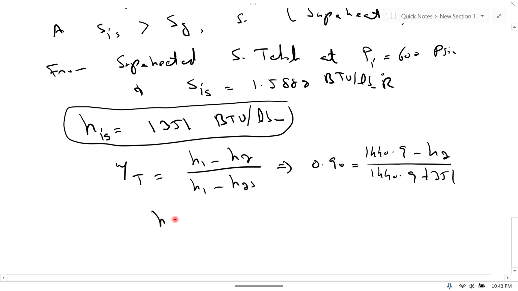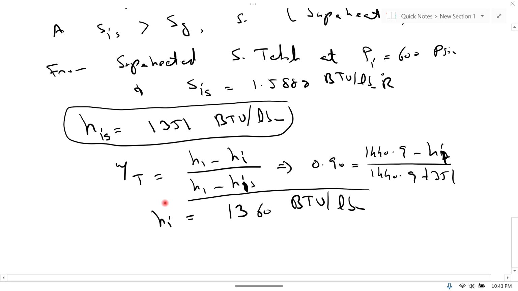In our case this is not H2 but H1 dash, and this is H1 dash S. So H1 dash, the actual enthalpy at a pressure of 600 psi, is equal to 1360 BTU per pound mass.